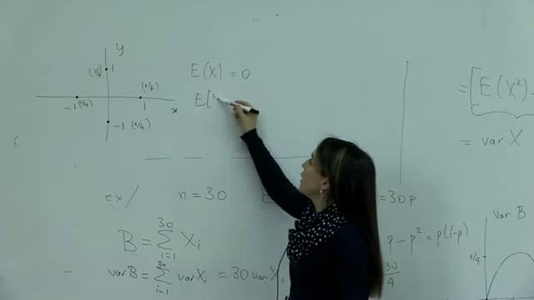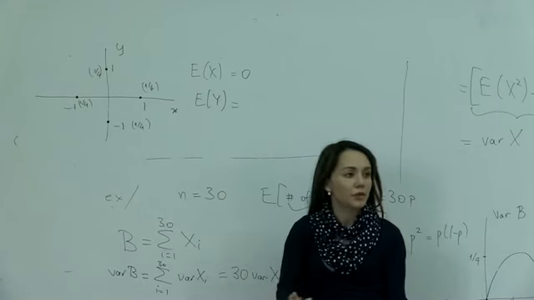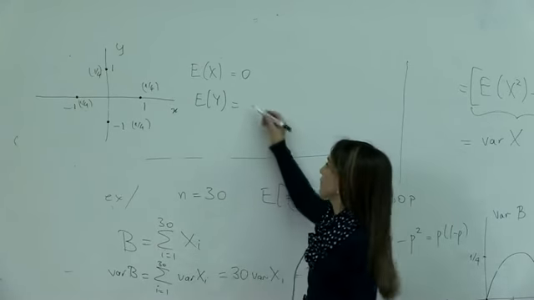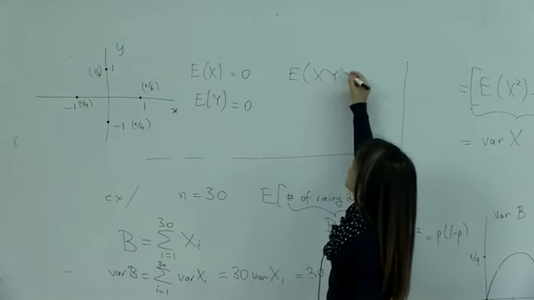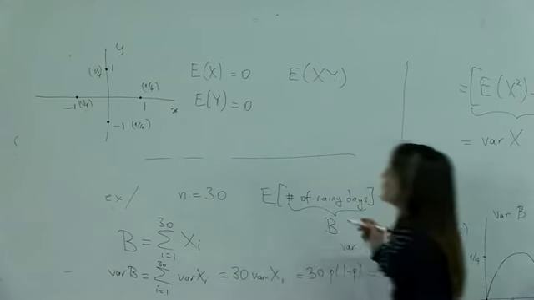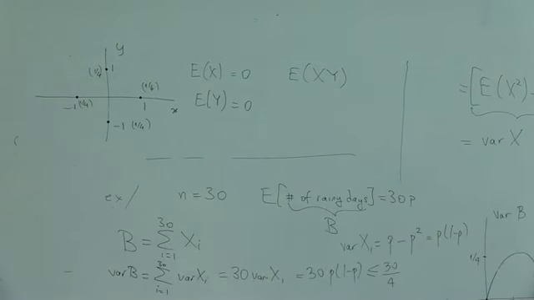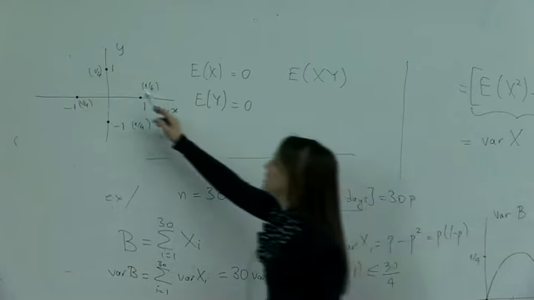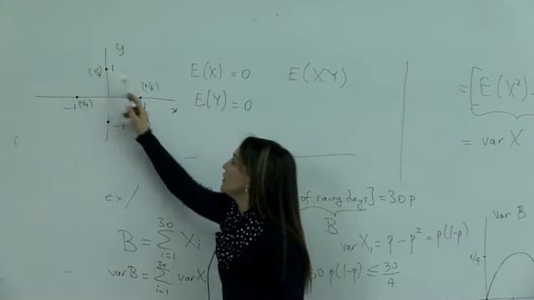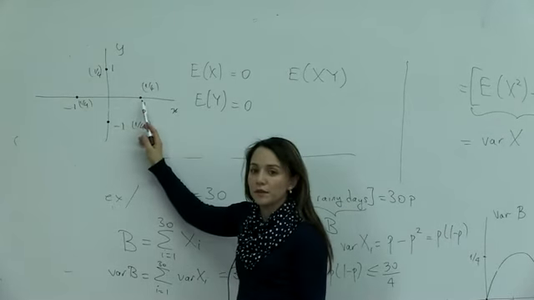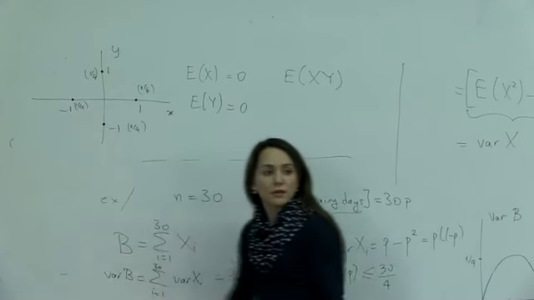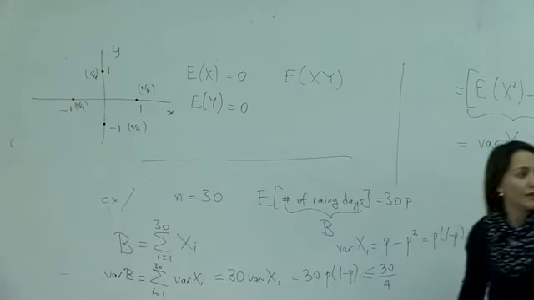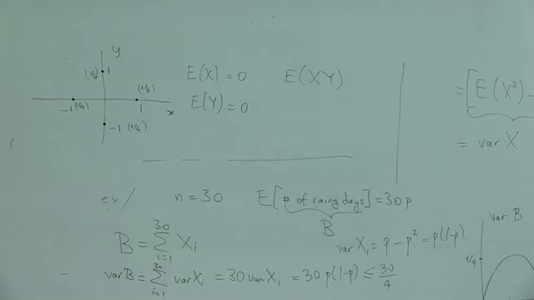How about the expected value of Y? By symmetry, that is also 0. How about the expected value of XY? XY is 0 at this point, 0 at this point, 0 at this point, again 0 here. XY is always 0 for all of these points.